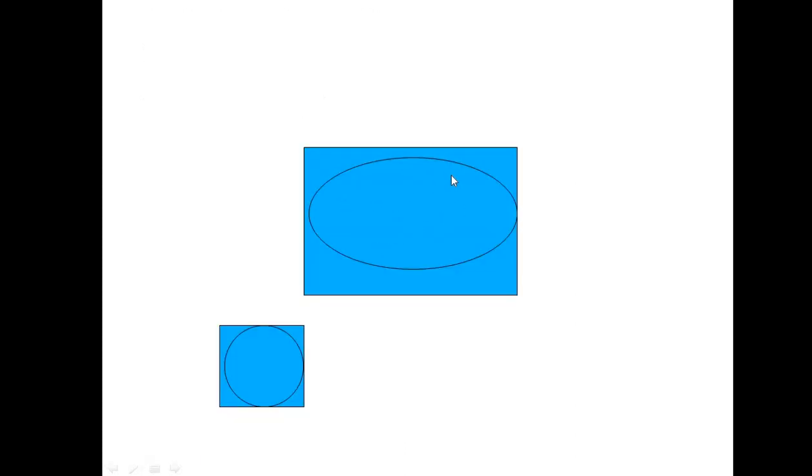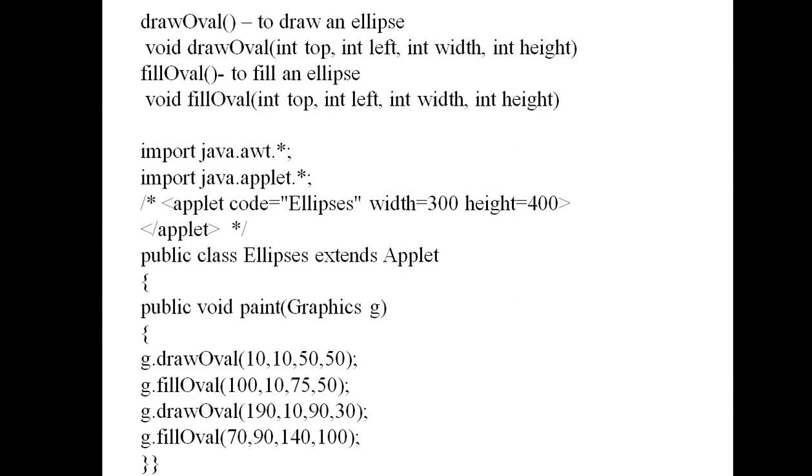See, one rectangle is drawn here. Inside that, considering the width and height of that particular rectangle, an oval is specified. Here see, a circle is specified because the height and width of that rectangle is the same. That is the difference. So how to draw a circle? By using the drawOval method.